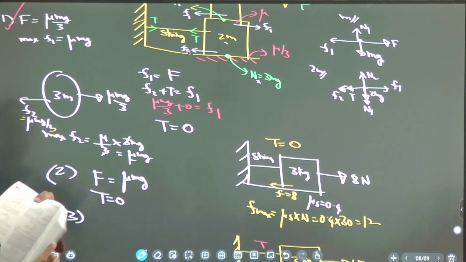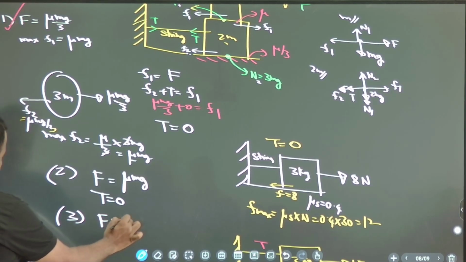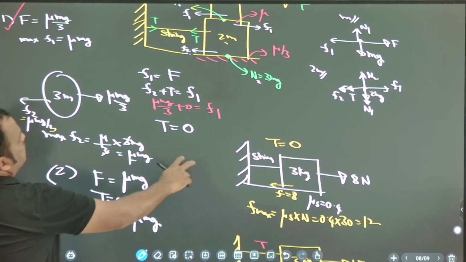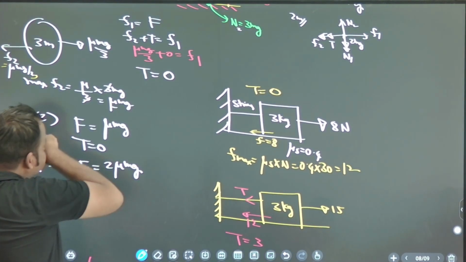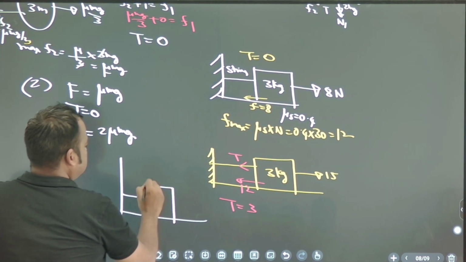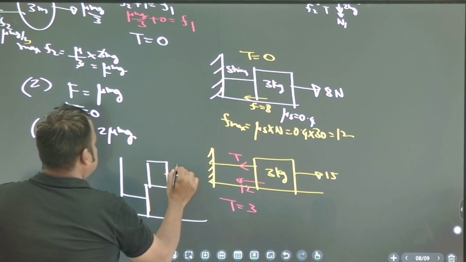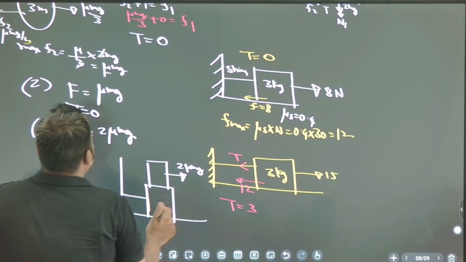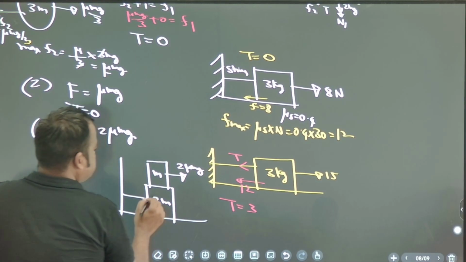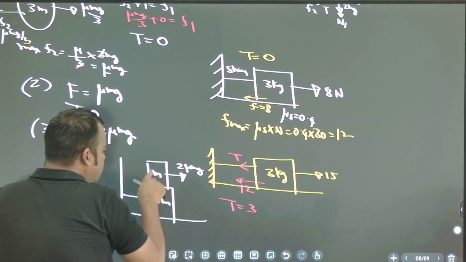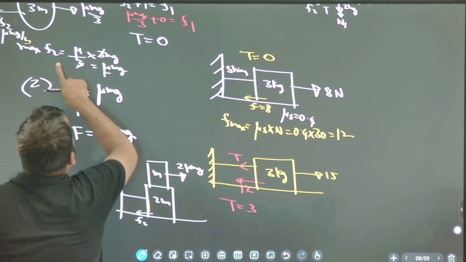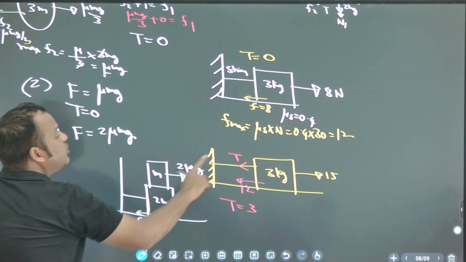Now third, F is equal to 2 mu mg. If you see the one object, the maximum value of F2 is mu mg and this is 2 mu mg.